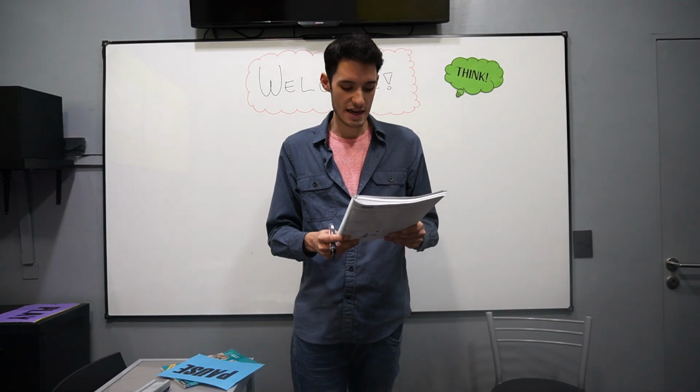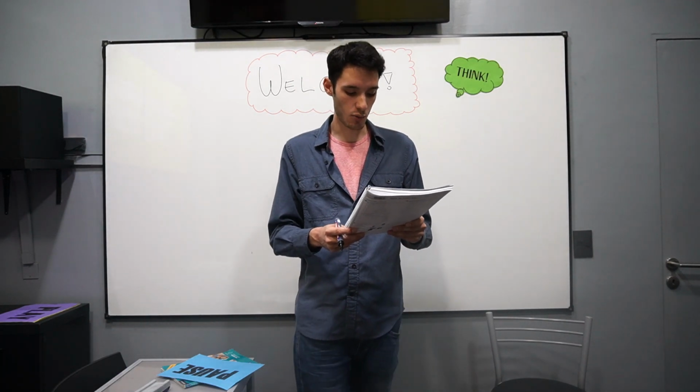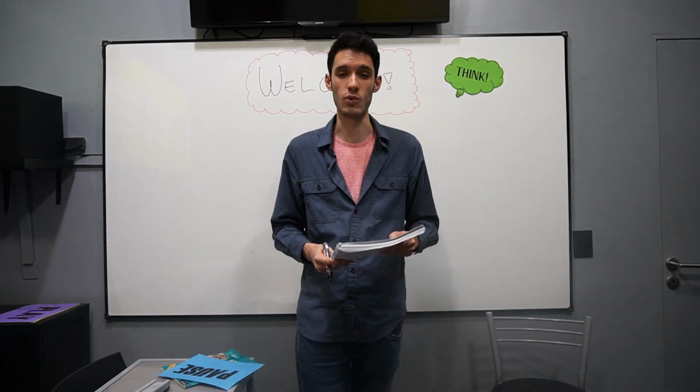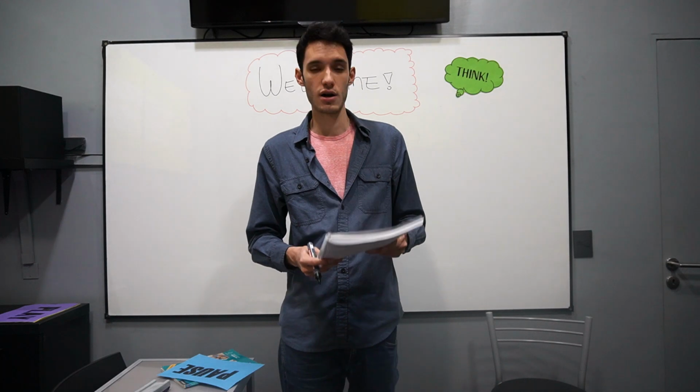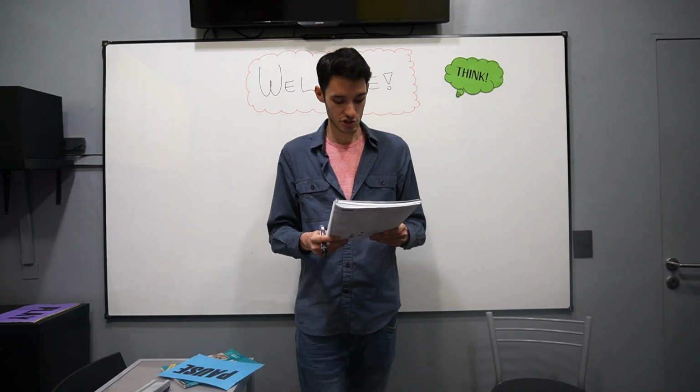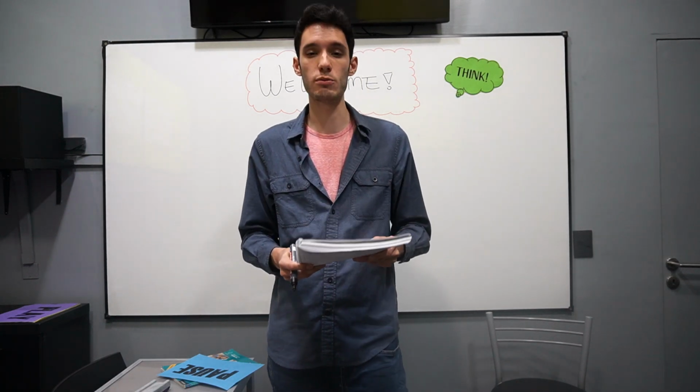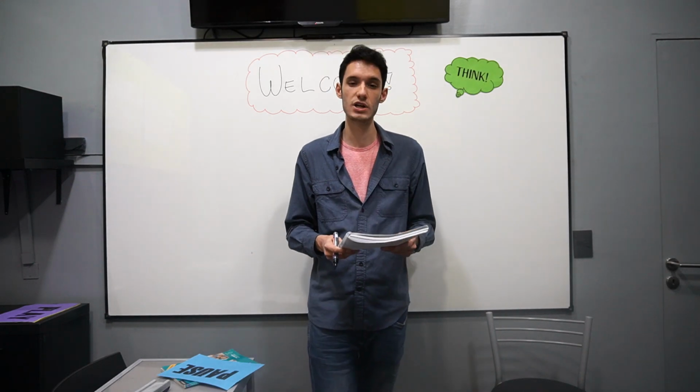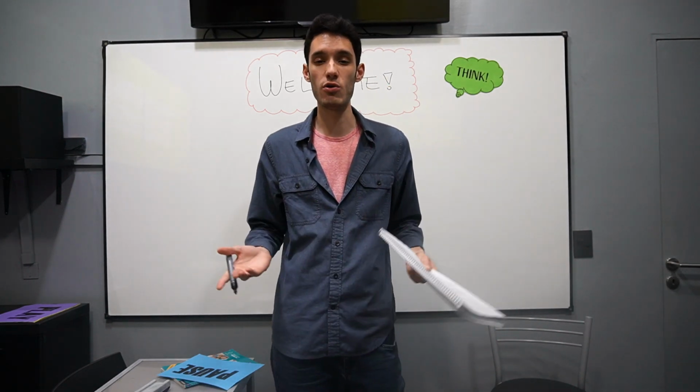Number 5, Cassie's guests watch TV while they are eating. It doesn't say. We don't know if they watch TV while they eat, okay? Number 6, she also serves takeaway food from her restaurant. It doesn't say. We don't know if she does it or not, okay?